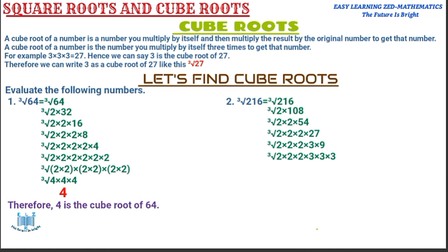So each group is formed by 2 numbers which are 2 and 3, which are multiplied 2 by 3, 2 by 3, 2 by 3.